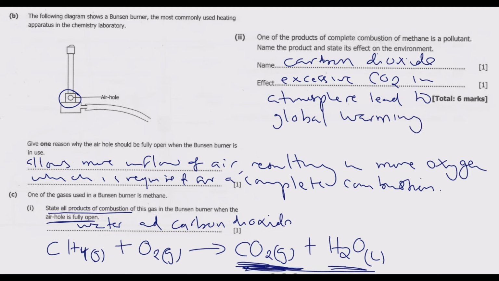That's why you hear they've been talking about limiting combustion of petroleum by promoting clean energy to reduce global warming. So this is how you answer this question to get the 6 marks.